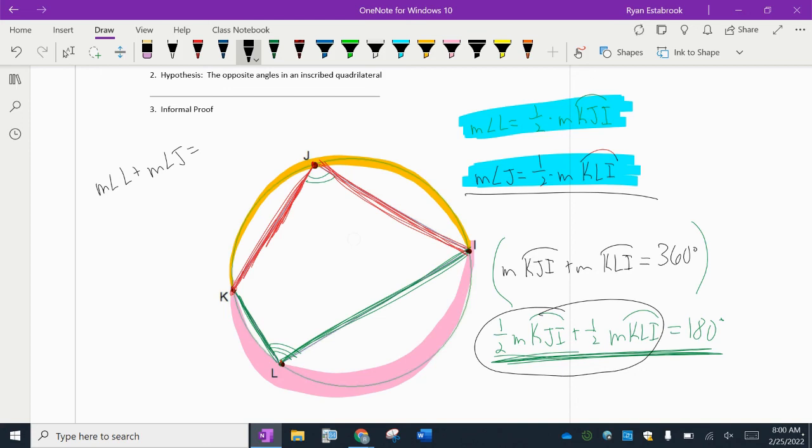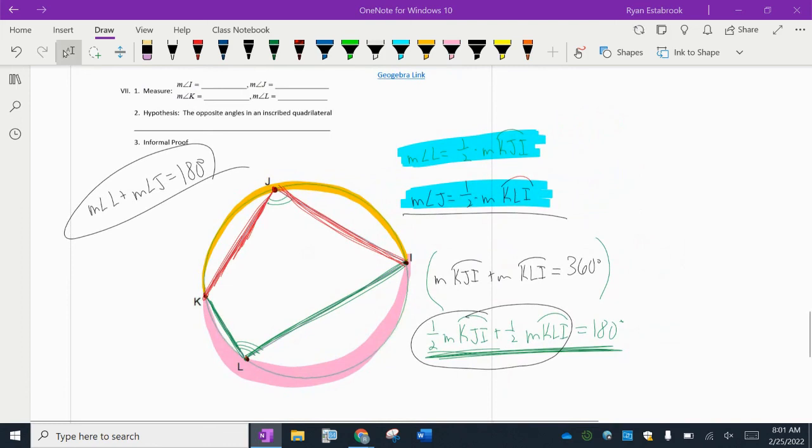So by adding these two blue equations together, on the left side, we get angle L plus angle J. On the right side, we get this expression, which is down here equal to 180. So by transitive, I know that that is going to be true. Again, not immediately obvious, but this angle L plus this angle J equals 180 degrees.